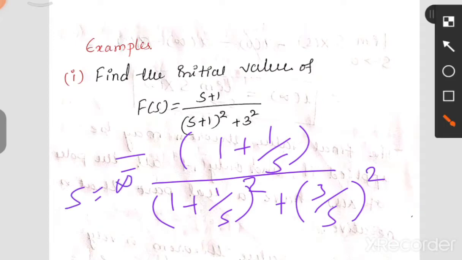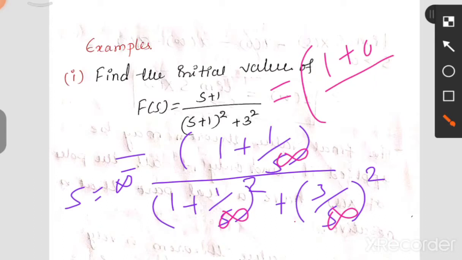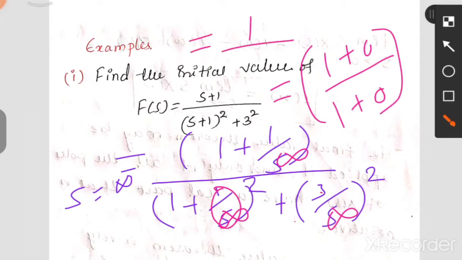That is 1 plus 1 divided by infinity, divided by 1 plus 1 divided by infinity whole square plus 3 by infinity whole square. 1 plus 1 by infinity is 1 plus 0, which is 1. In the denominator, 1 plus 0 is 1 square, which is 1, plus 3 by infinity is 0, 0 square is 0. Therefore 1 by 1 is 1.